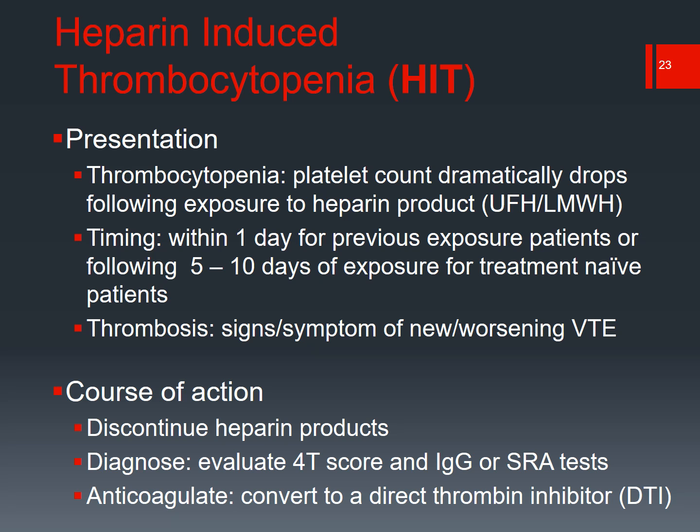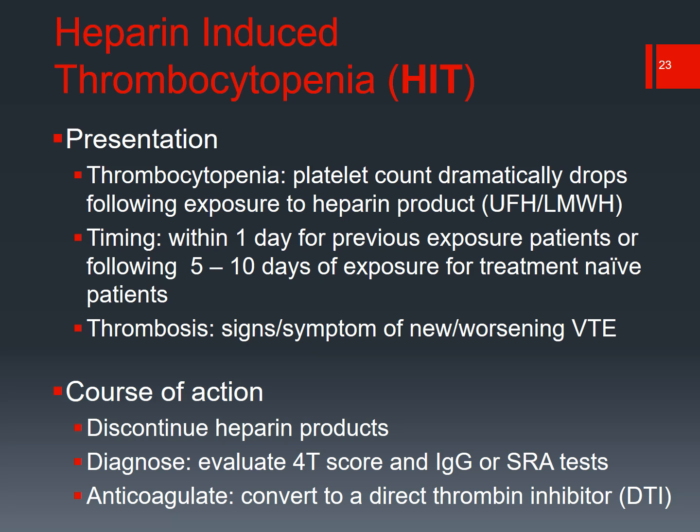The third T that is also potentially noticed is thrombosis. The drug we know is an anticoagulant. It is meant to anticoagulate and reduce the risk of clot, but in patients who experience HIT, they are at higher risk for a clot, and if we do see signs and symptoms of new or worsening clots, this would be the sign of thrombosis.